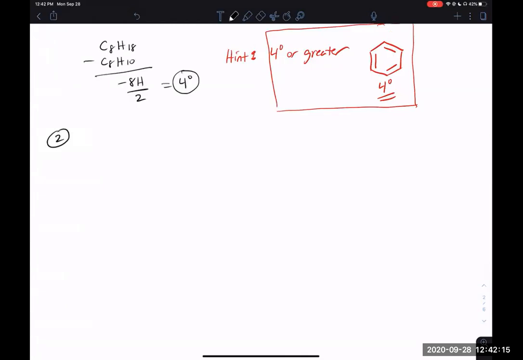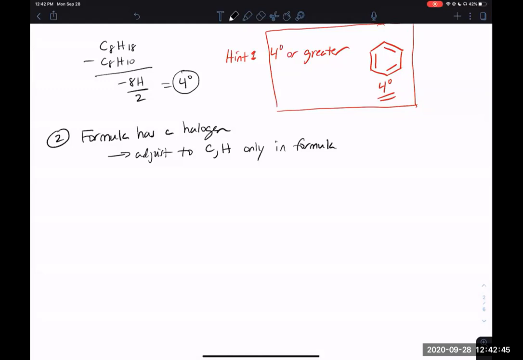So let's do some other formulas. Some of you have halogens. If your formula has a halogen, we have to adjust it. The adjustment seems a little bit weird, but we're going to adjust for that halogen down to just C's and H's only in the formula.